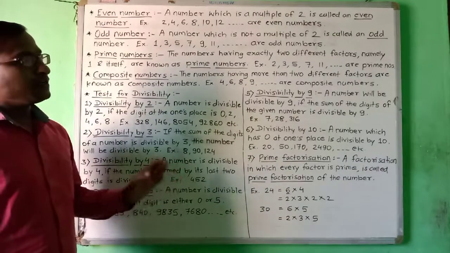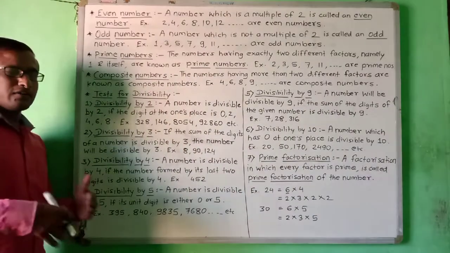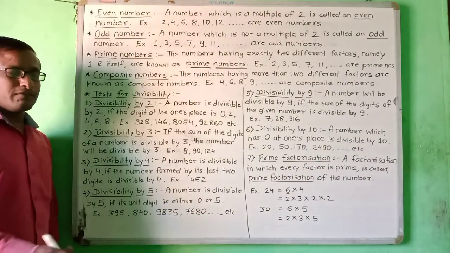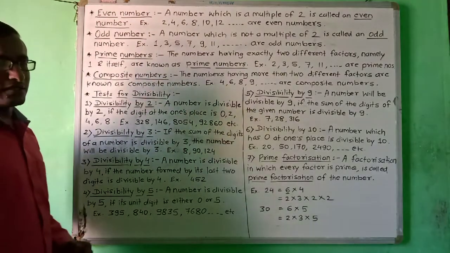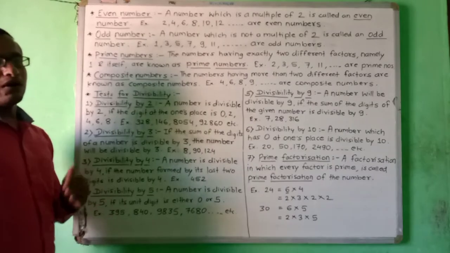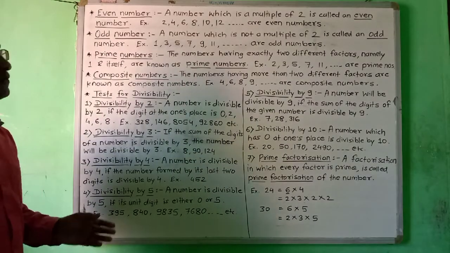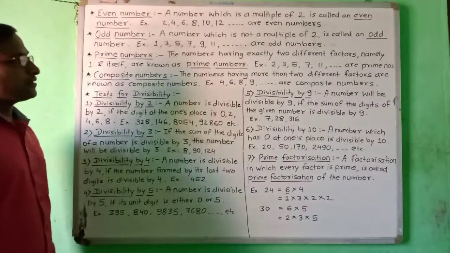All these numbers are even numbers. If you continuously add 2, you get the next even number. So an even number is a number which is completely divisible by 2, or also a multiple of 2.